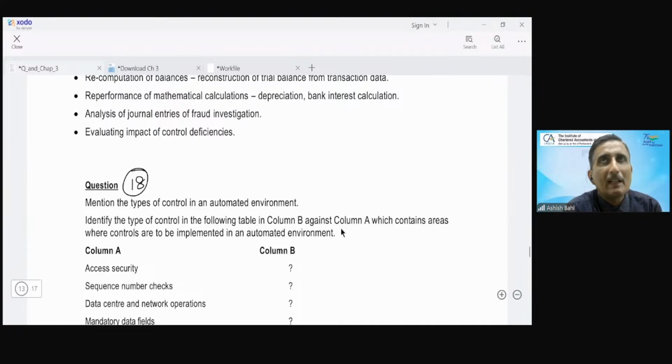What is automated environment? Yes, anyone? Gurmeet, Tejaswin, these are the only two people answering. Waiting for your mails. What do we mean by automated environment?